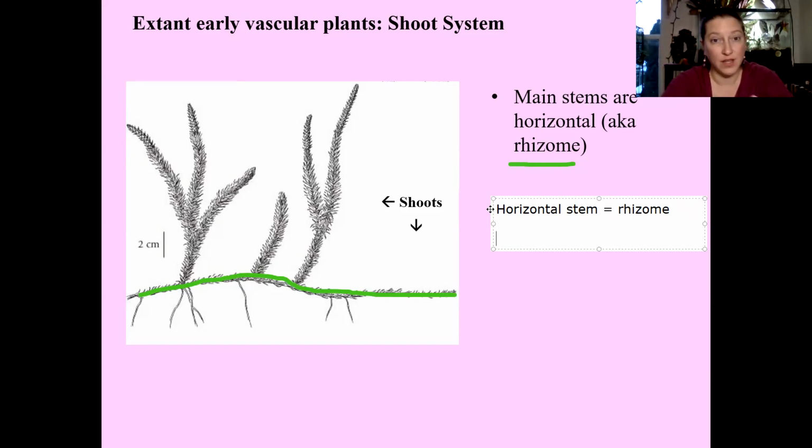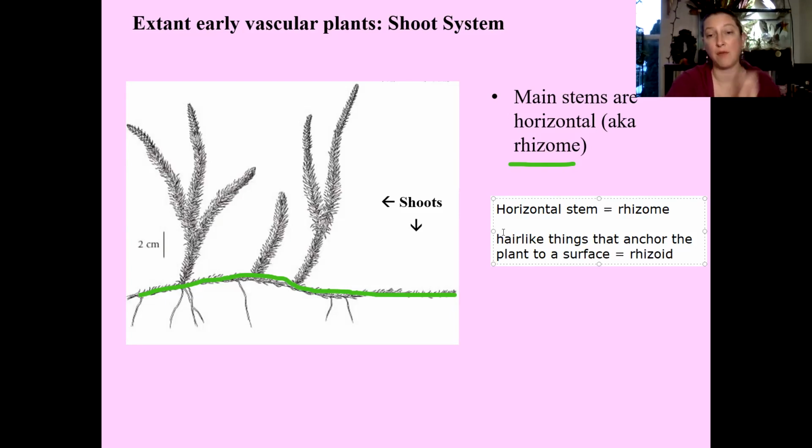Whereas in the previous lectures, we came across this other word, rhizoid, which were hair-like things that anchor the plant to a surface, when we were talking about the non-vascular plants, for example.